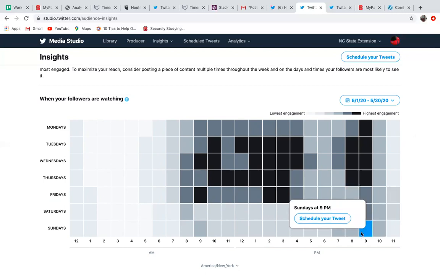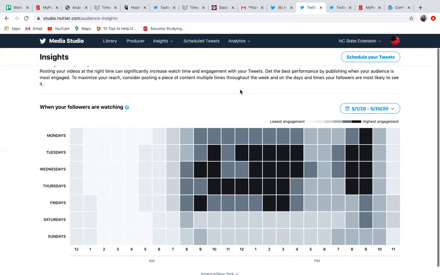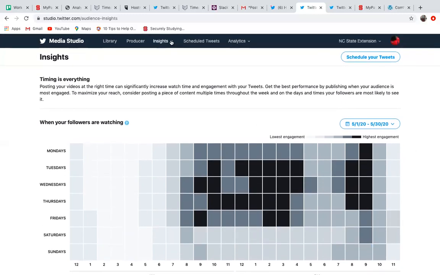Usually Sunday night is a dark color as well, because people on Sunday night typically go onto Twitter, I'm assuming, to catch up on what they missed over the weekend to prepare for the week ahead. So that's a trick that I've used and noticed to help me get more engagement on my tweets.